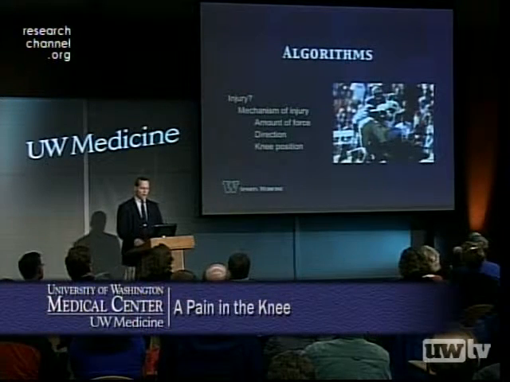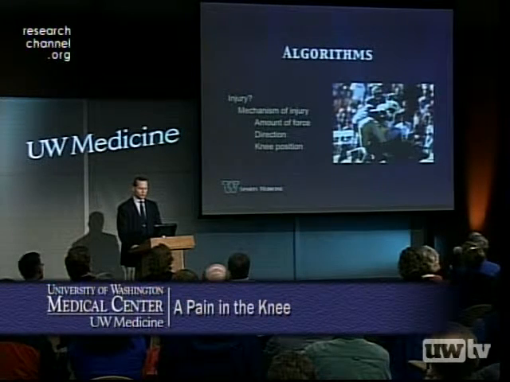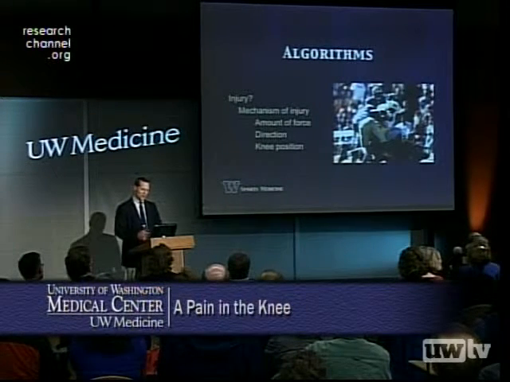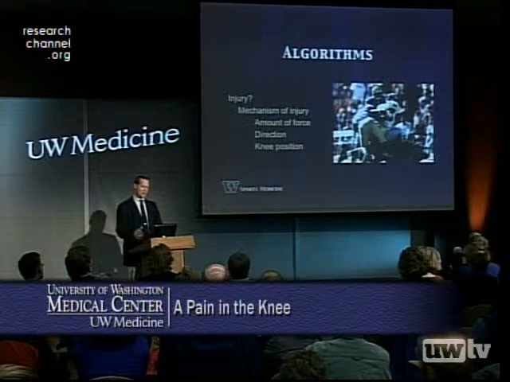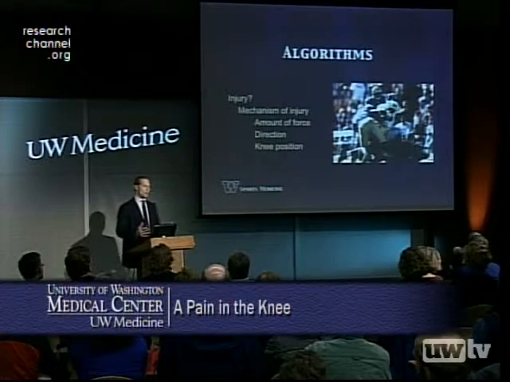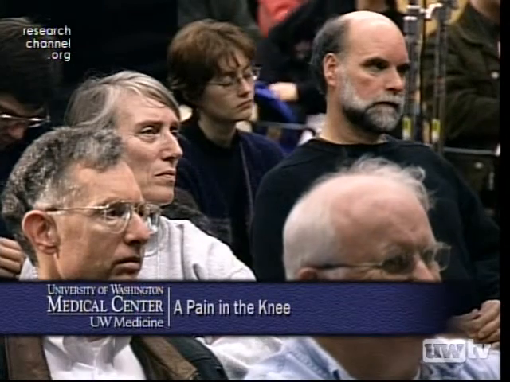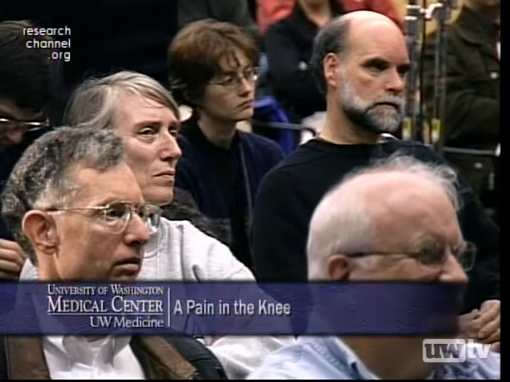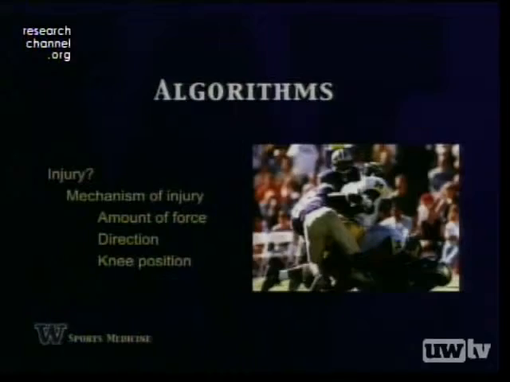So now we're going to talk about a couple of algorithms, kind of how to think about whether or not you want to stand up or not in the case of me snowboarding, but kind of give you an idea of what might be the problems. So when we talk about an injury, there's all different kinds of things that are important. Firstly, the mechanism of injury.